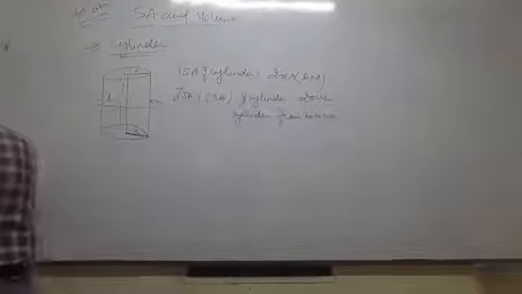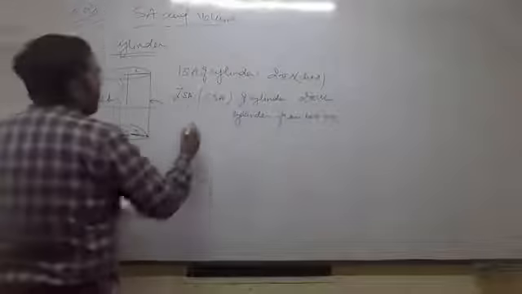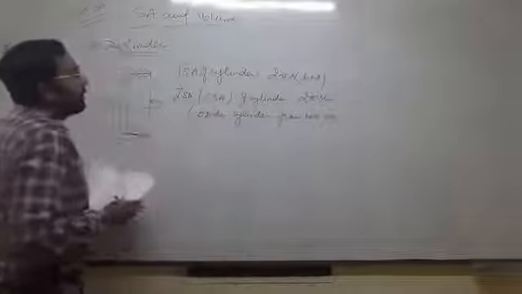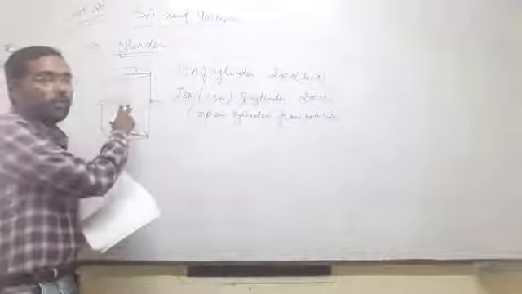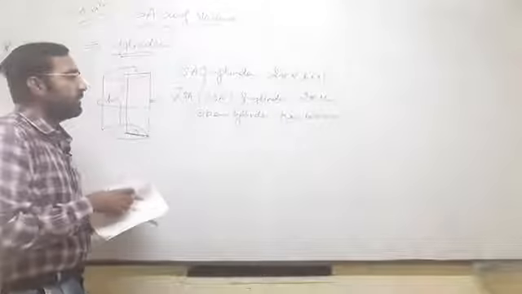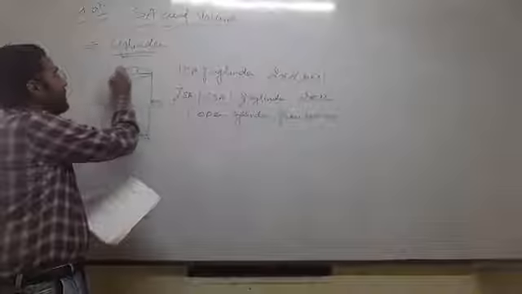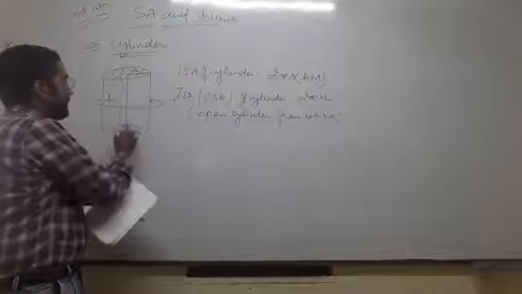Now in the total surface area, we are taking the lateral surface area of the cylinder, as well as the top of the cylinder plus the bottom of the cylinder.